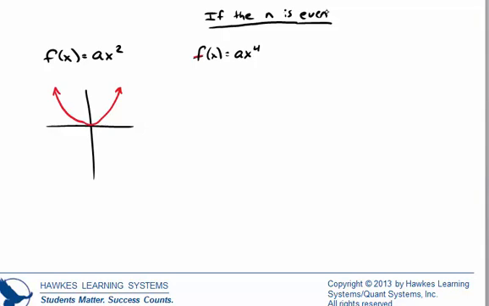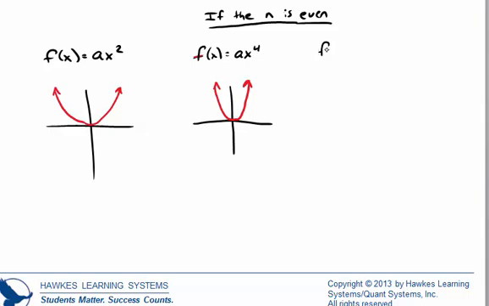In that case, the graph is similar to the first one, except it's going to be a little more steep, and we're going to see some flattening out around the vertex. So maybe a little more like this.